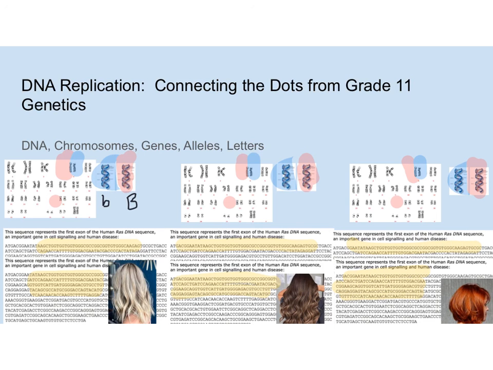Most of the letters would be exactly the same. However, there's going to be a few random letters that would be slightly different. I'm just using examples here; these aren't actually going to be the differences, but a couple of different letter sequences would cause them to have slightly different hair colors. And that's the idea of chromosomes, genes, alleles, and letters.